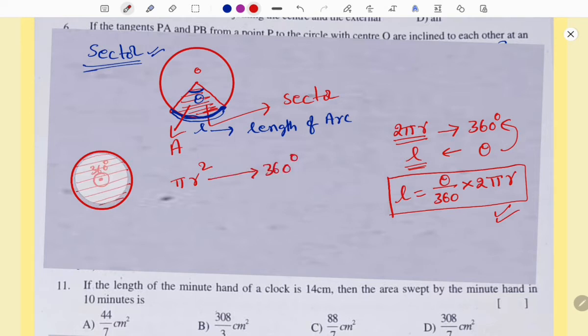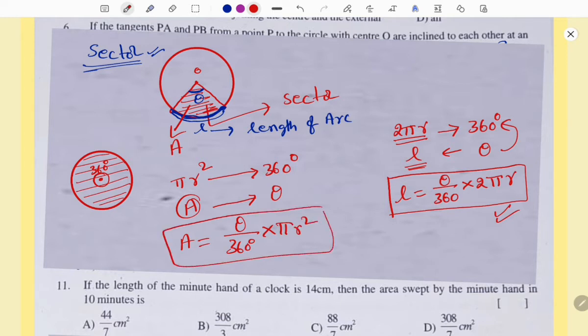Now the area of the sector makes how much angle at the center? Theta. So how can you find it? Therefore A is equal to theta by 360 degrees into pi r square. So this is the area of the sector.